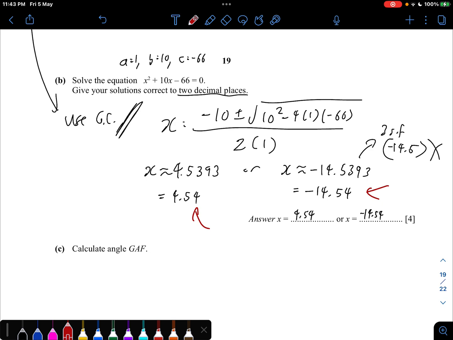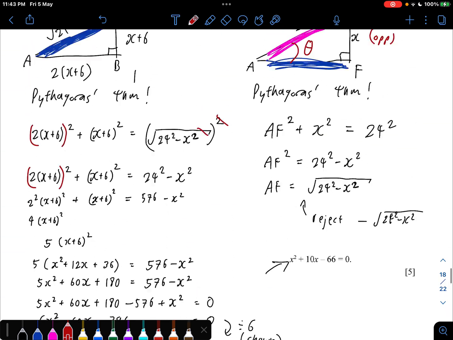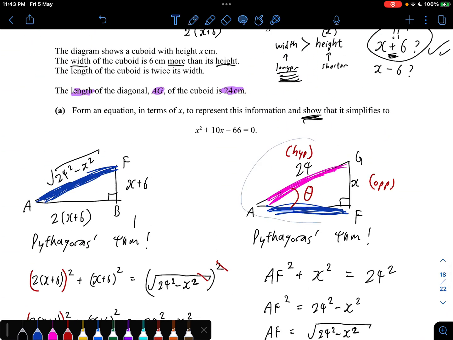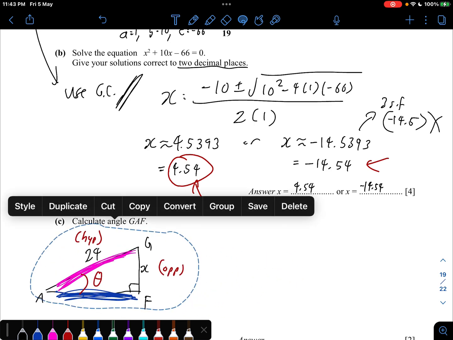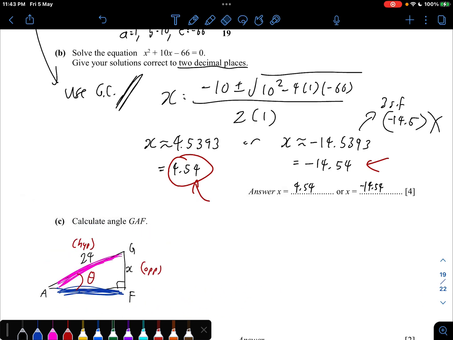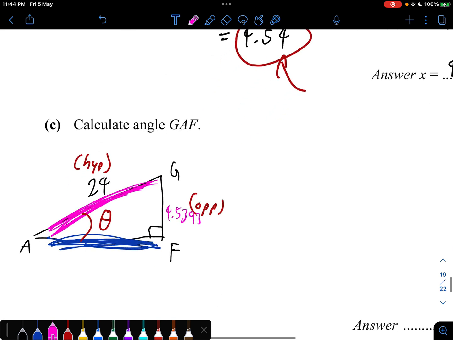But x is a length, so a length can only be positive. So that means in the context of the question, we would want 4.54 for the length of GF. So let me just copy the diagram over. Like this, and remove the x and replace it with a 4.54. Maybe it's better if I use 4.5393, the more accurate answer. If not, there will be rounding error.